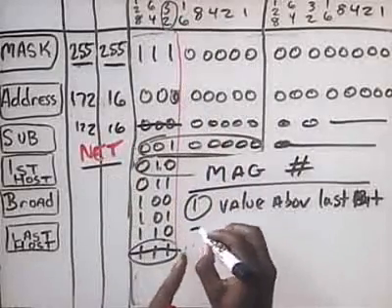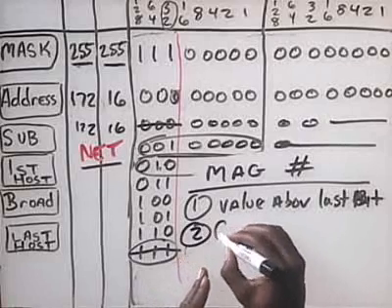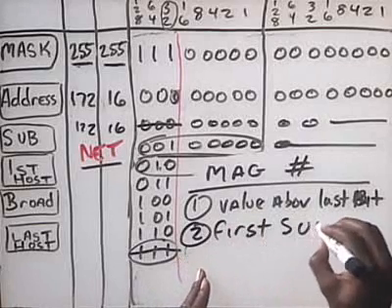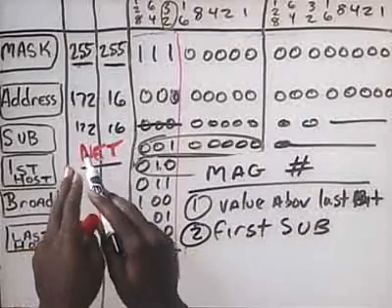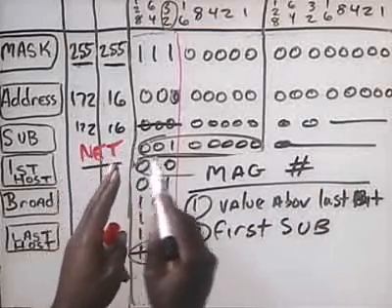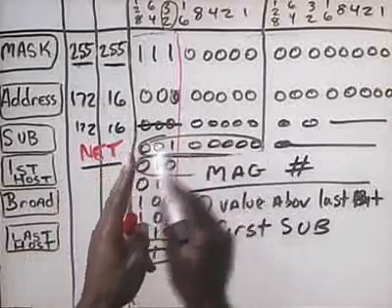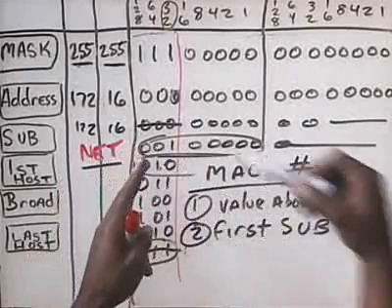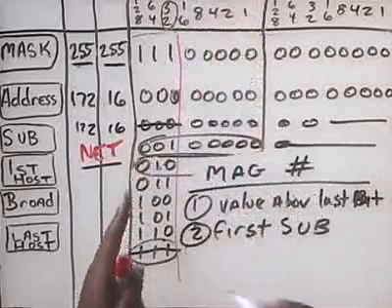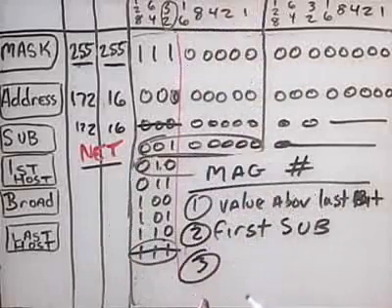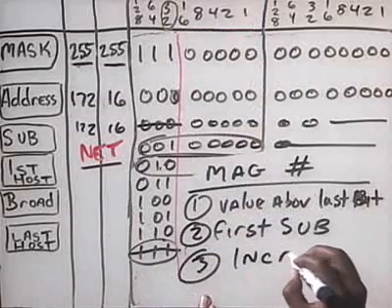Second thing that the magic number is, it is the first subnet. So notice, as we said before, we had the first subnet as 172.16.32. So that was the first subnet. So the magic number is that value above the last bit. It is also the first subnet. The third thing that the magic number is, is the increment.